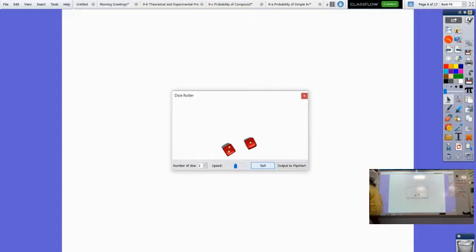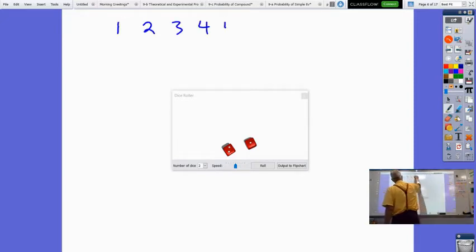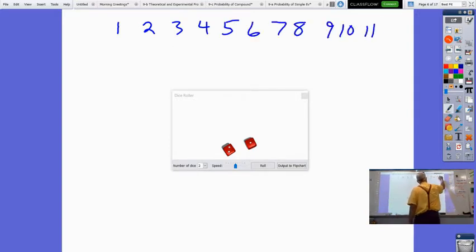What can you get when you roll 2 dice? 12. What are the 12 results? 1 through 12, you say, right? 1, 2, 3, 4, 5, 6, 7, 12. Tell me how you're going to roll a 1 with 2 dice.